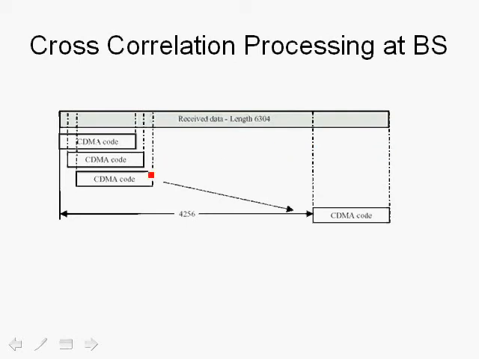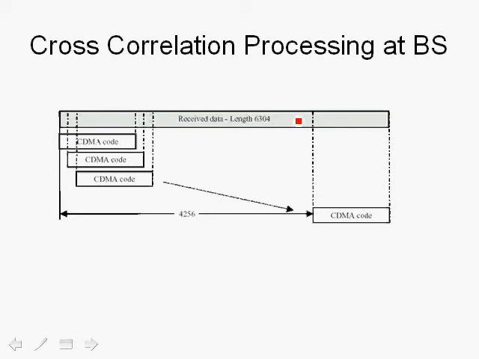And as you do this, there will be a case where the received signal has maximum correlation with the CDMA code, and you will see a peak, and that peak corresponds to the round-trip delay, from which the base station can compute the required timing offset in order to program into the subscriber station in the subsequent response.